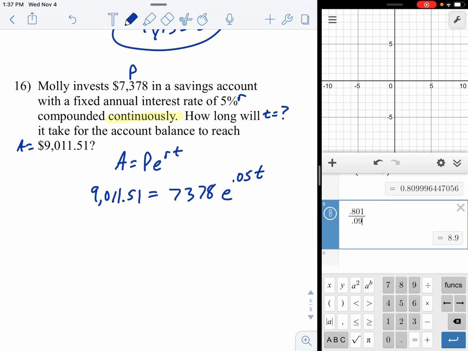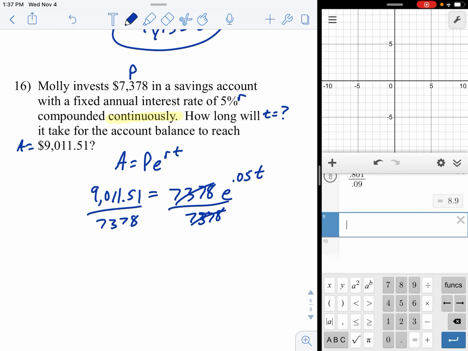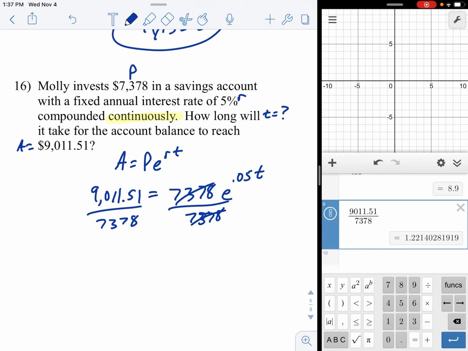Plug in the numbers, work out the answer. Divide by 7378. Definitely need a calculator for this. 9011.51 divided by 7378. 1.2214.